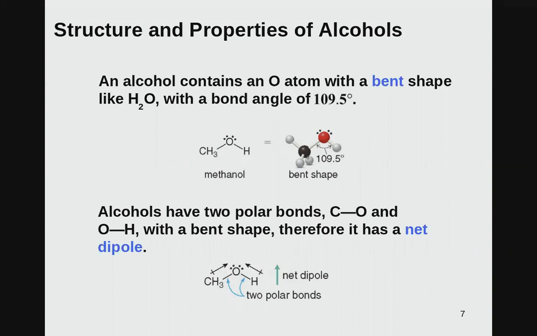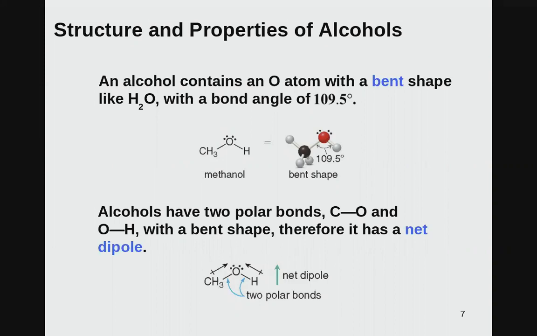And remember, that sense of a polar bond creates that partial positive and partial negative charge. With a partial negative charge on the oxygen, because the electrons are spending more time with the oxygen, and a partial positive charge on the hydrogen and the carbon, because the electrons are spending less time there. So this is the same thing that water has, right? Water has the same dipole, again, all because of the high electronegativity of oxygen.